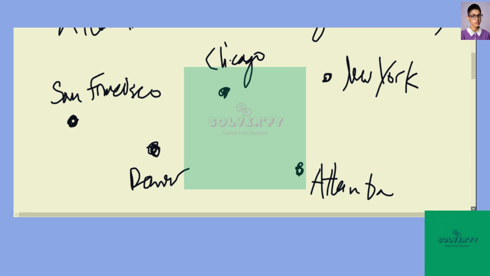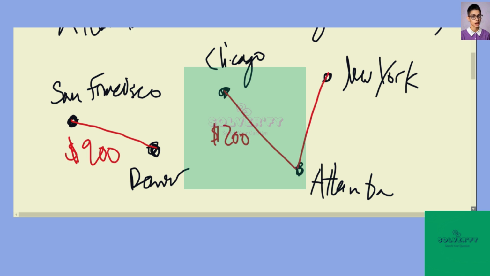And we want to add the edges, San Francisco to Denver, which is a weight of 900. The edge Chicago to Atlanta, which is a weight of 700. And Atlanta to New York, which is a weight of 800.